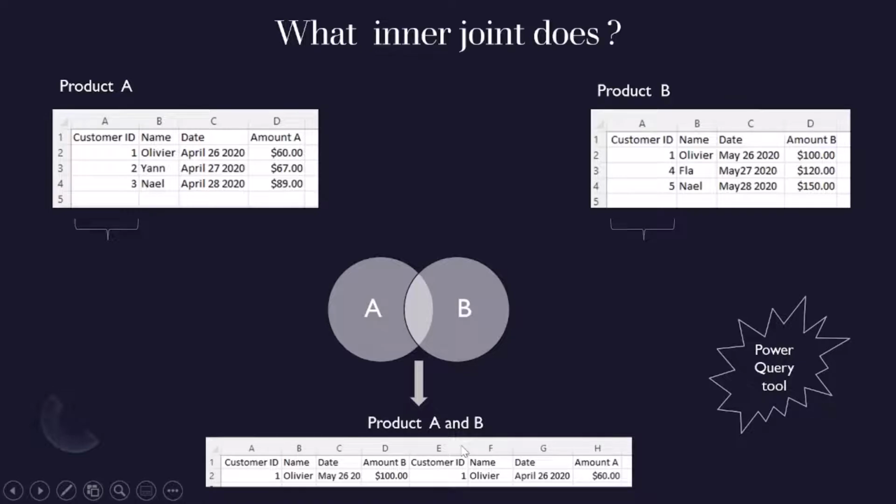So this is what you can do using Power Query. You can do an inner join with Power Query. So let's now move to my Excel to do a practical example on how you can do an inner join with Power Query. See you there.